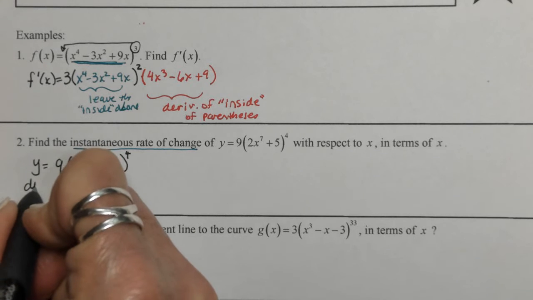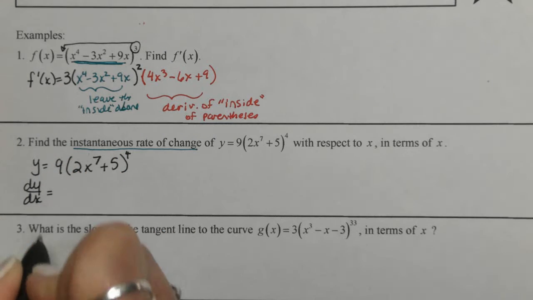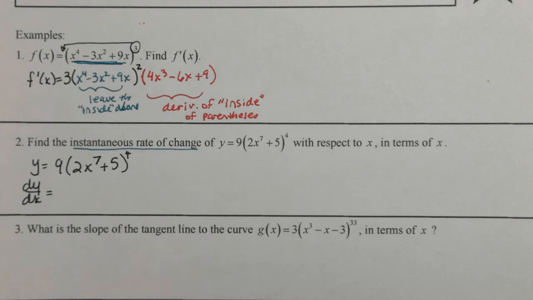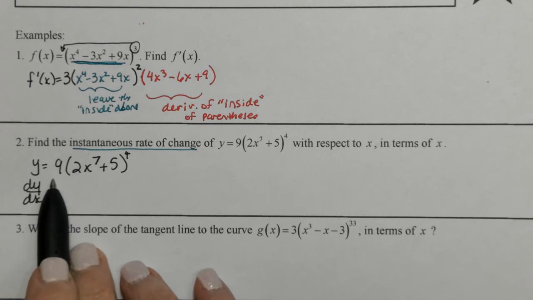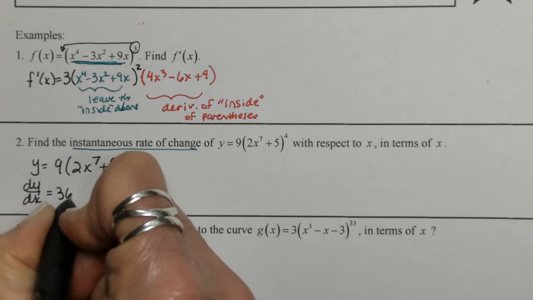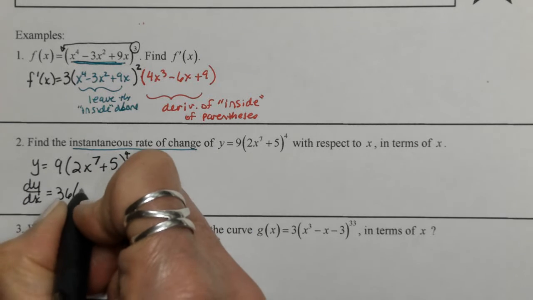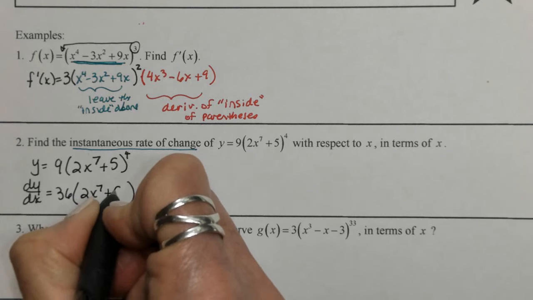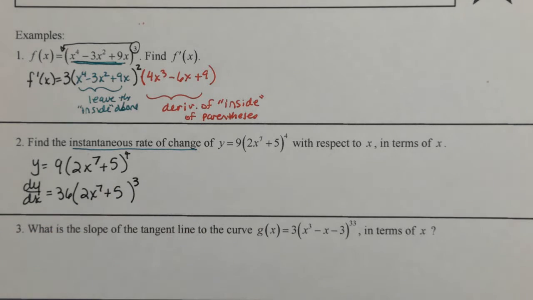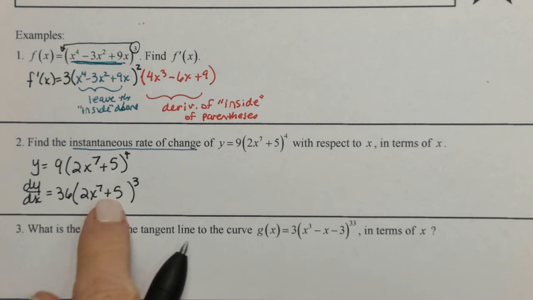So, instantaneous rate of change, that's just your derivative, your instant slope. Power rule. 4 times the 9 is 36. Leave your inside alone, decrease your power by 1, and lastly, multiply by the derivative of the inside.